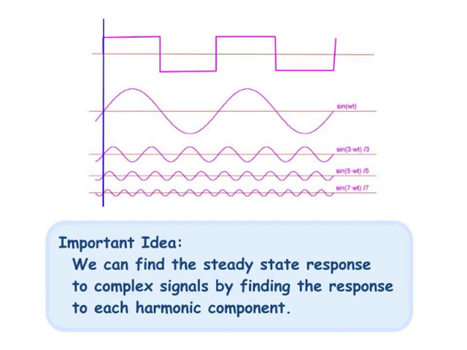Each of these sine waves needs to have the appropriate amplitude so that when they add together, they compose the square wave. Now, to actually compose the square wave, we would need an infinite number of these sine waves.